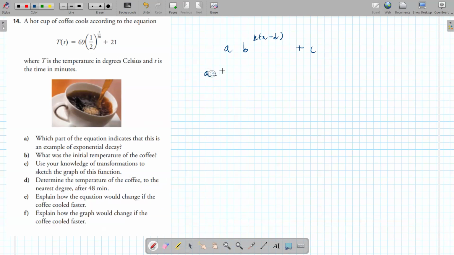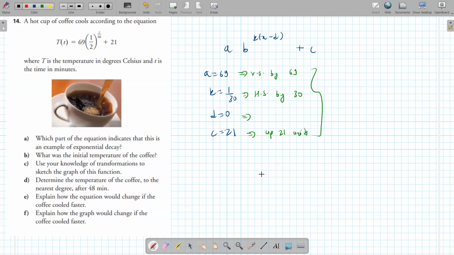So here your a is 69, your k is 1/30, your d is 0, and your c is 21, which means that it's a vertical stretch by a factor of 69. K is 1/30, which is a horizontal stretch by a factor of 30. D equals 0 means there's no left or right movement. C equals 21 means it went up by 21 units.